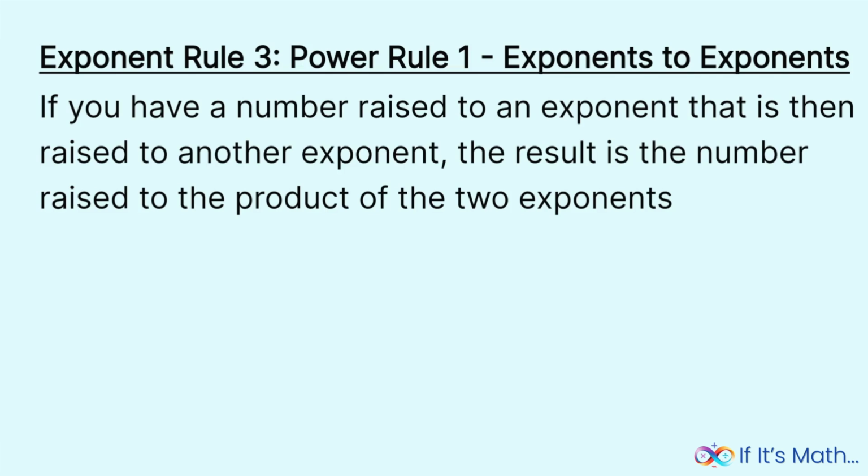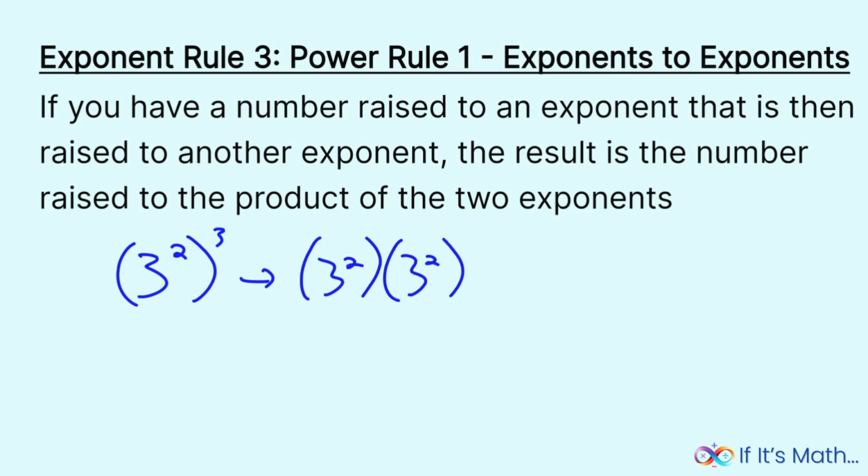So let's write this out first before we get to what the actual rule is so you can see it a little better. So if you have 3 squared to the third power, you see how it's different, right? But exponents raised to exponents work the same way. So you just need to think about what that is. So that is going to give you 3 squared times 3 squared times 3 squared.